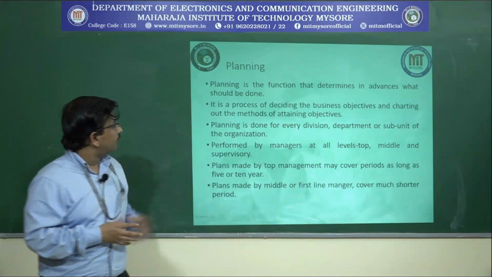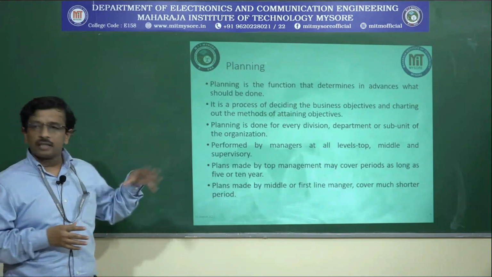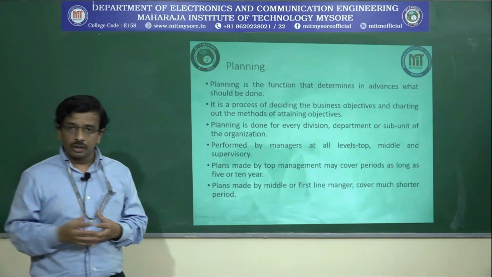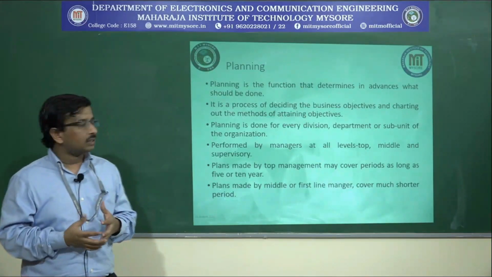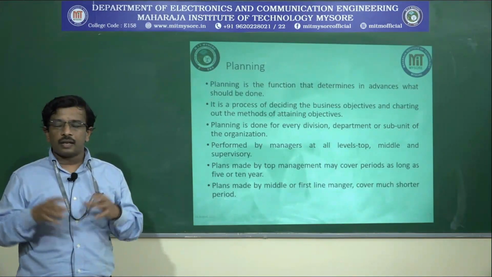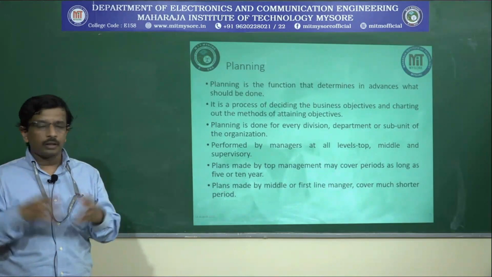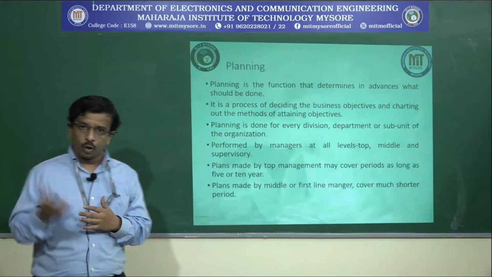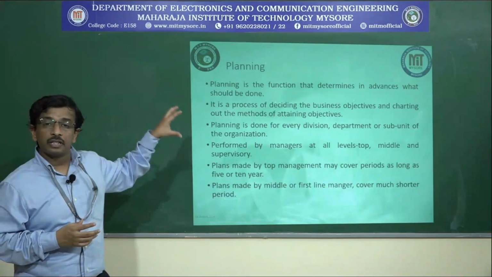Planning is a function that determines in advance what should be done. It is a process of deciding the business objectives. If we go with the start of a business, then the business objectives have to be thought of: what should be the business objective, and charting out the methods of attaining those objectives. That would constitute the business plan.